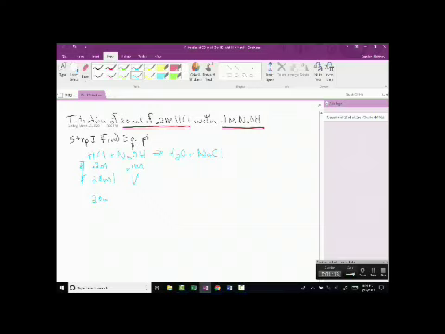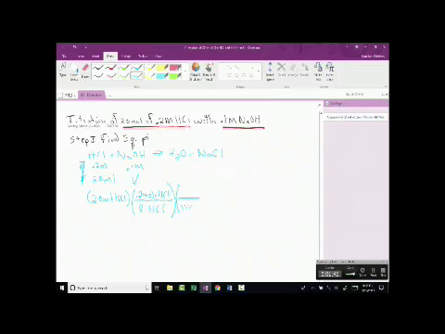20 milliliters of HCl times 0.2 moles of HCl per liter of HCl. Notice I'm leaving out the solution part. That's okay.